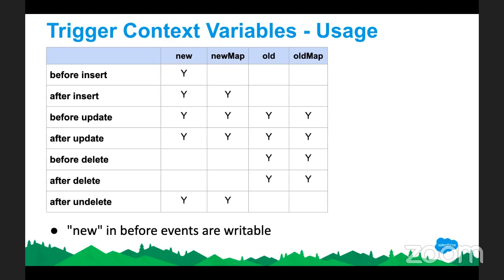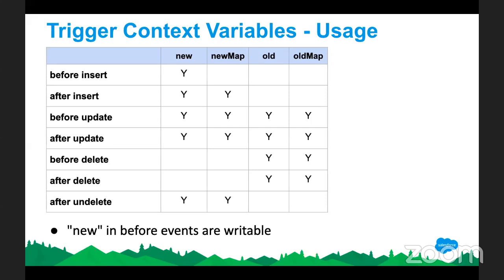And see my last note: new in before events are writable, not in the after events. I said about manipulating, right? The bullet that comes to the hero is processed. That means we are doing some operations on the data that is coming in.